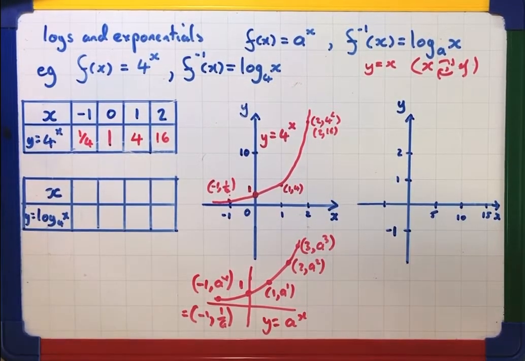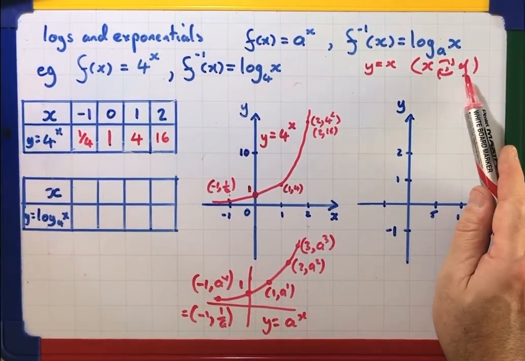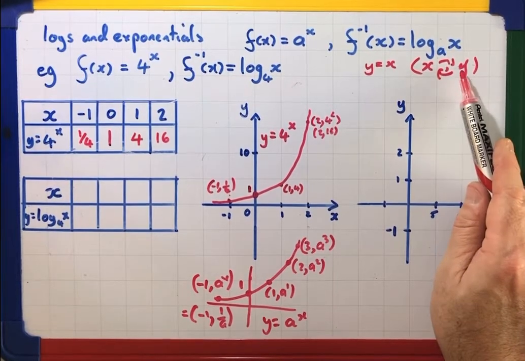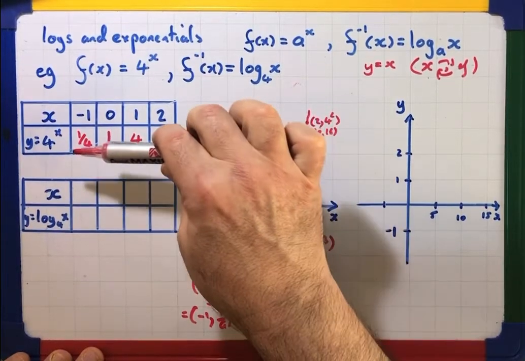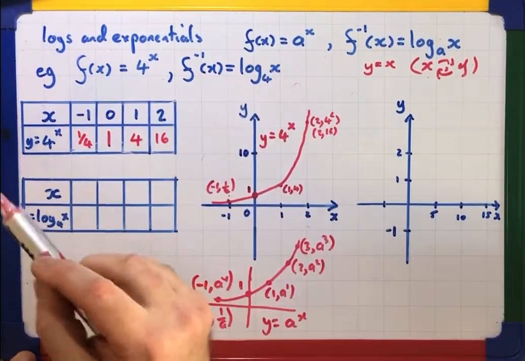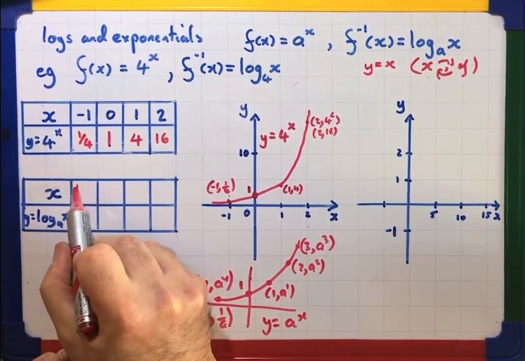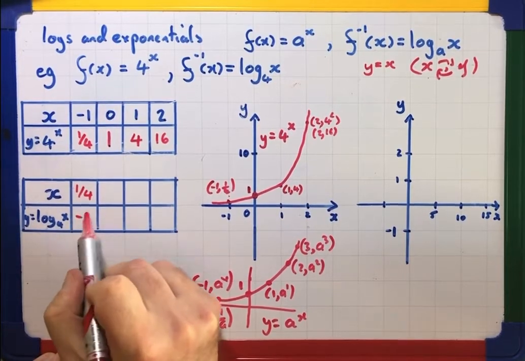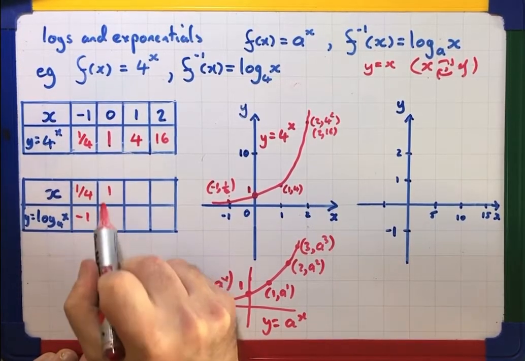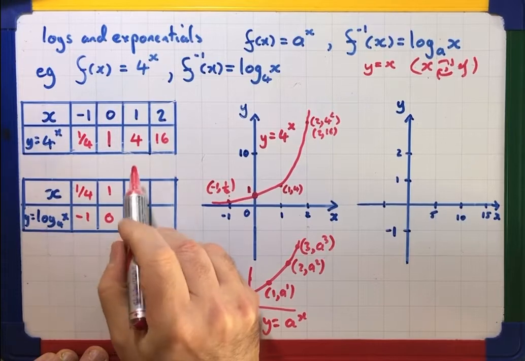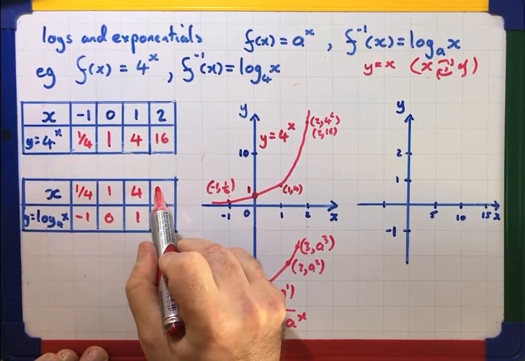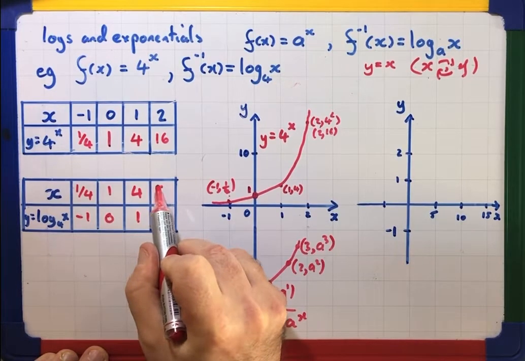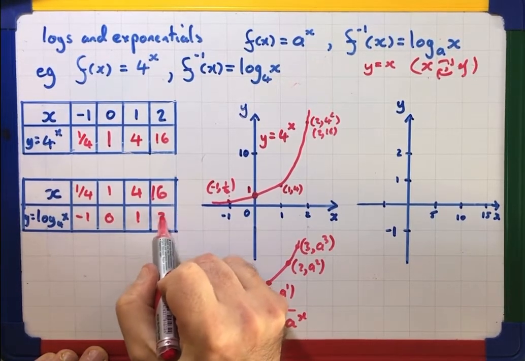Now, remember what we said for a log graph. All we're going to do is swap the x and the y coordinates over. So that means I'm going to swap these two over. So I've got a quarter, minus 1; 1, 0; 4, 1; and we're going to have 16, 2.